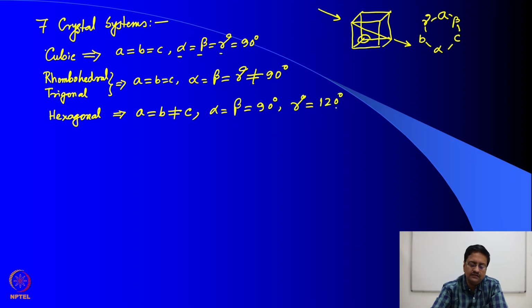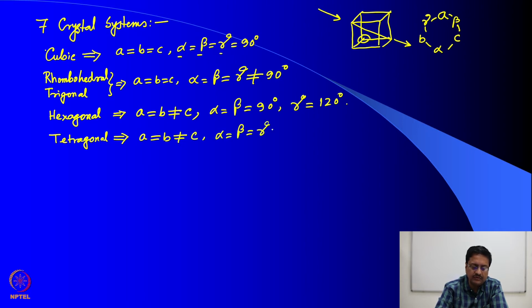So, you see that now a symmetry is broken, the symmetry of edge length is broken, symmetry of the angle is also broken. The next symmetric unit cell is called tetragonal. So, in case of tetragonal lattice, A equal to B not equal to C, alpha equals to beta equals to gamma equal to 90 degree.